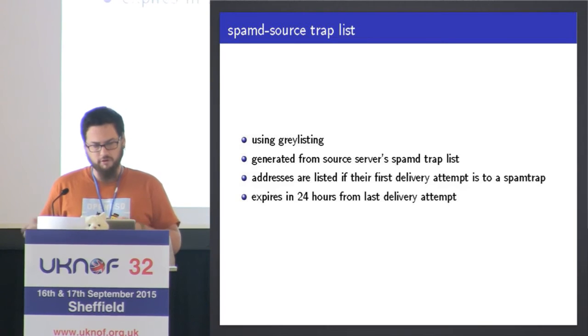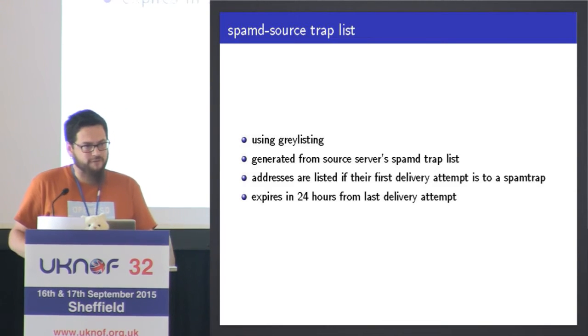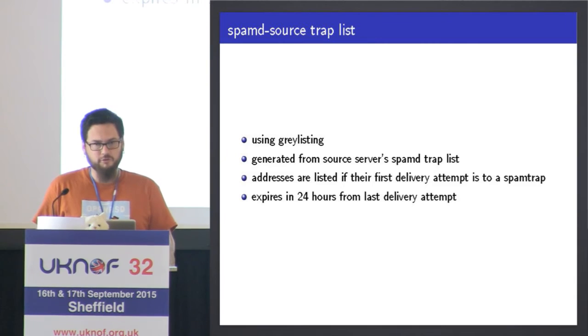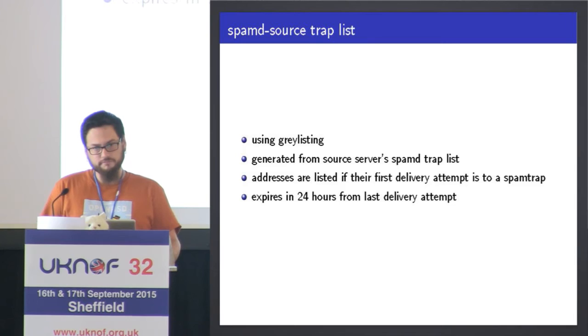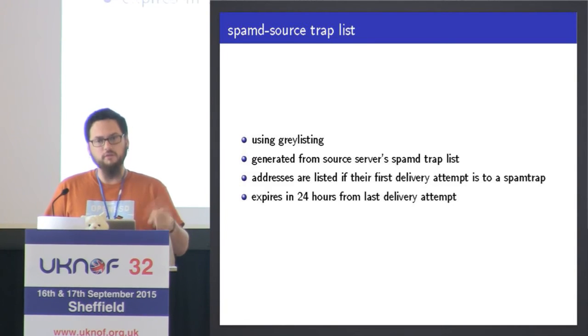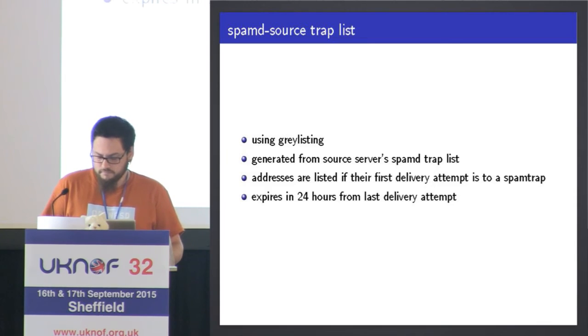You don't know if they're good or bad. If their first attempt to email you is to one of these trapped addresses, it's added to a blacklist. And this is what's distributed within the network. They're blacklisted for 24 hours from the last delivery attempt. So if they keep trying, then they keep being blacklisted.